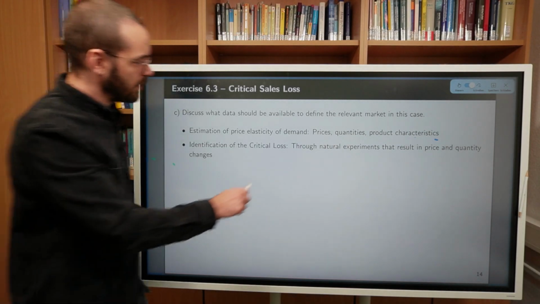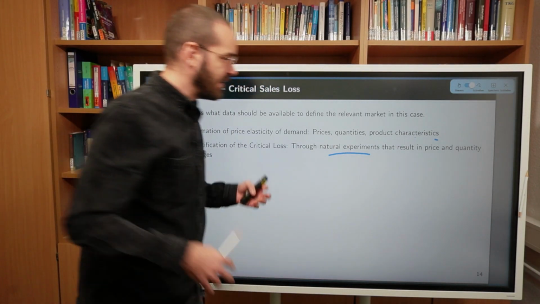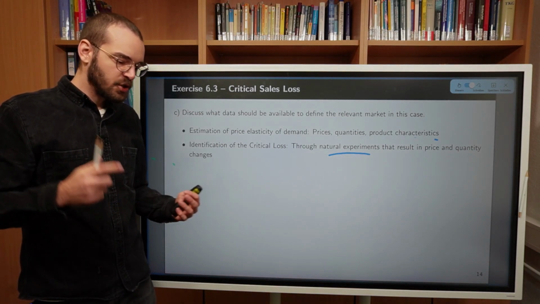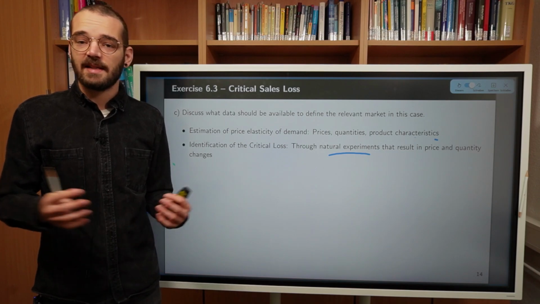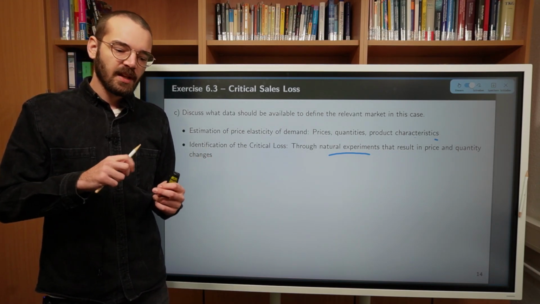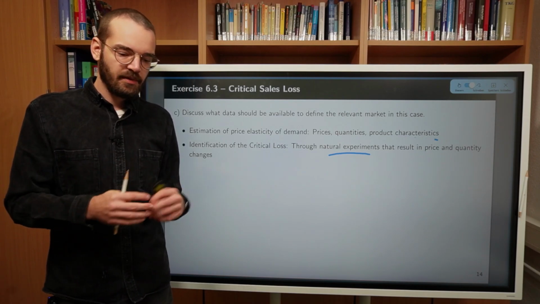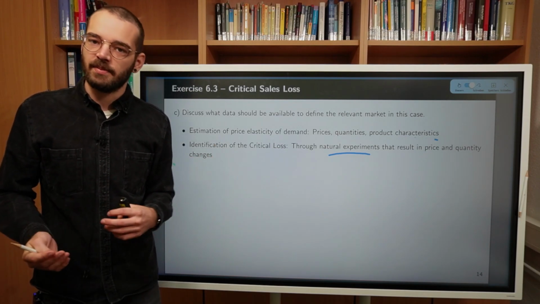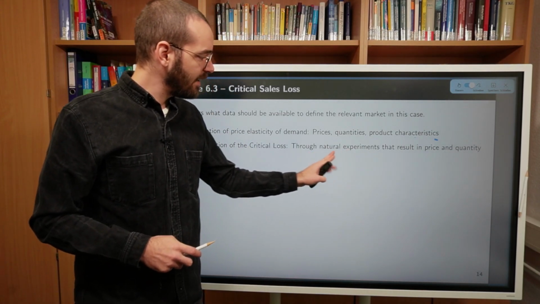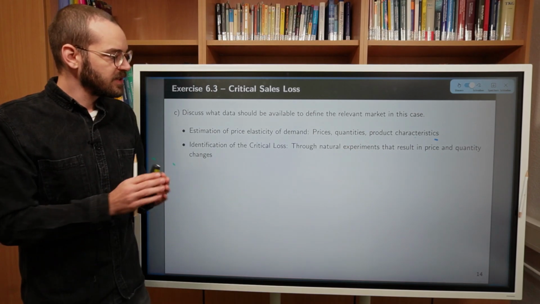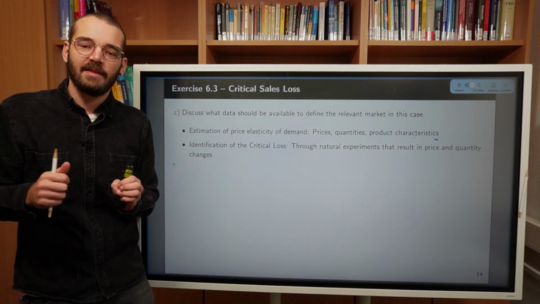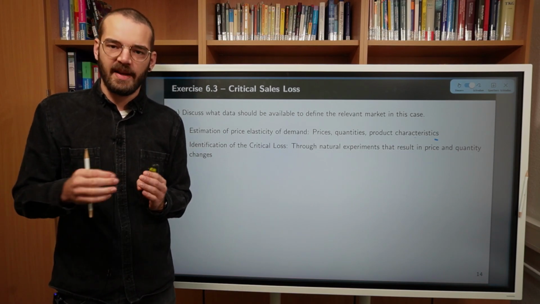But ideally we would of course need, again, some kind of natural experiment, so some kind of exogenous shock that changes the price at some point. And of course we need to observe the sold quantities before and after this experiment. Why are we talking about natural experiments again in this context? Well, simply because we need to rule out that there's a strategic decision of the firm behind this price change.